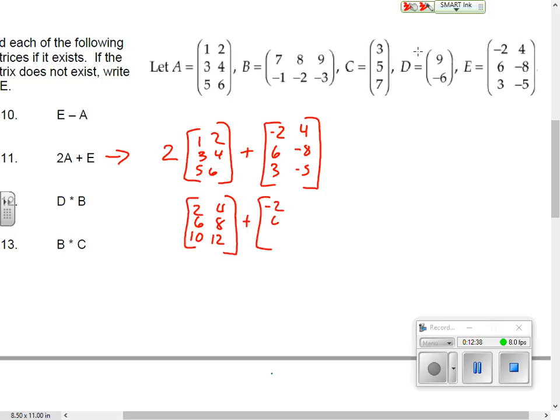Still adding negative 2, 4, 6, negative 8, 3, negative 5. I'm going to add them together.